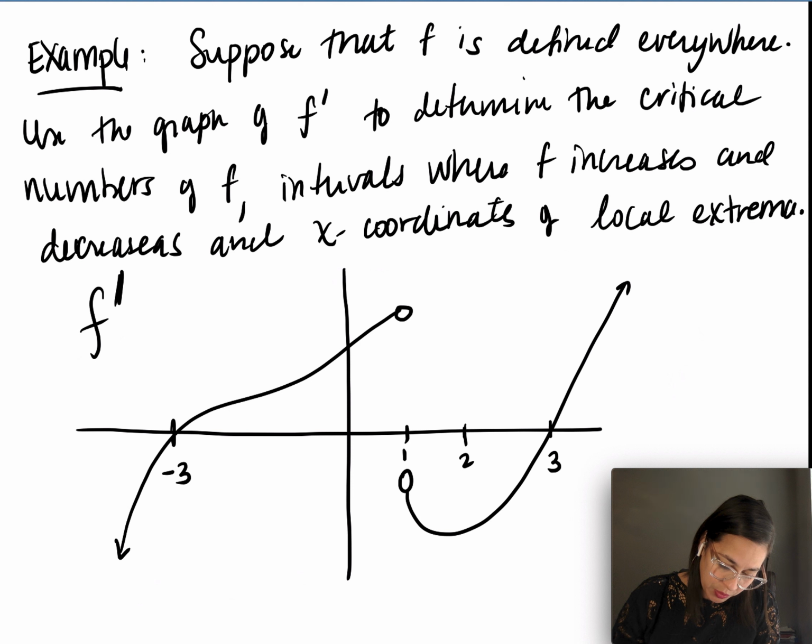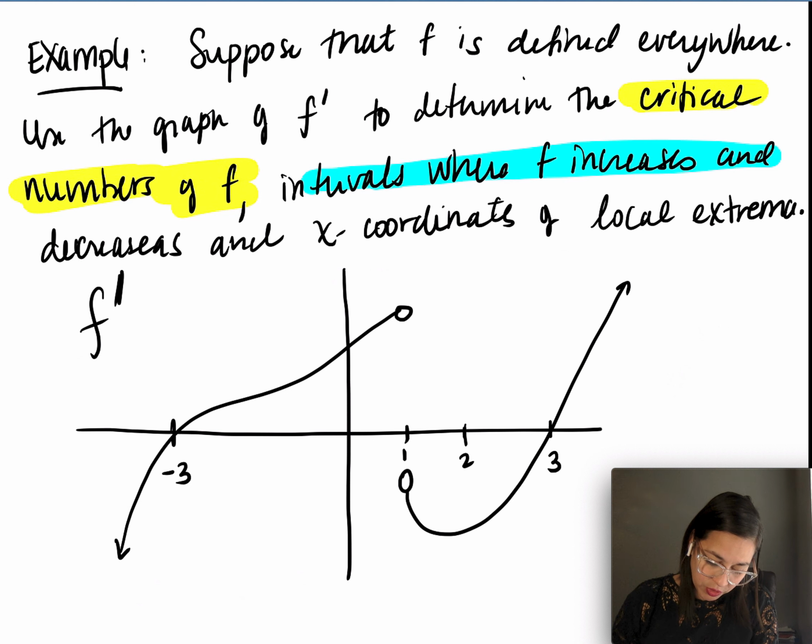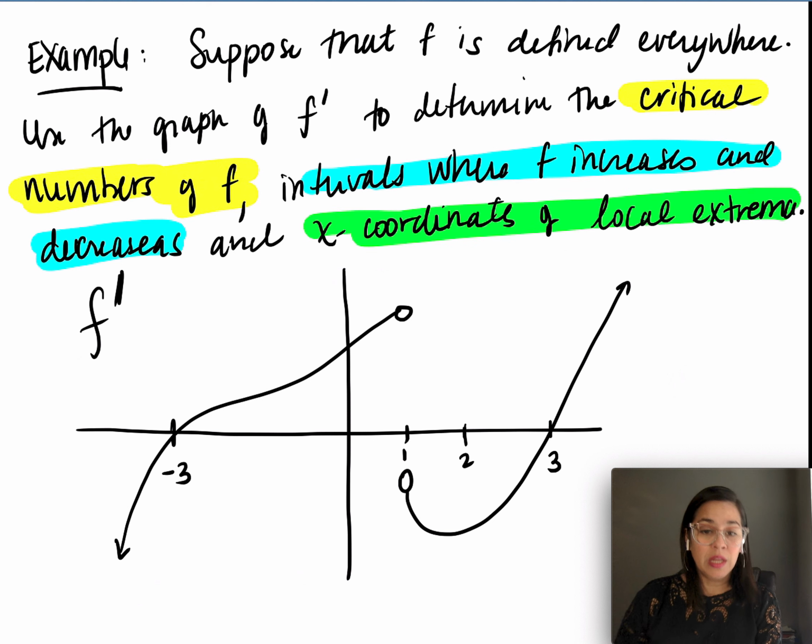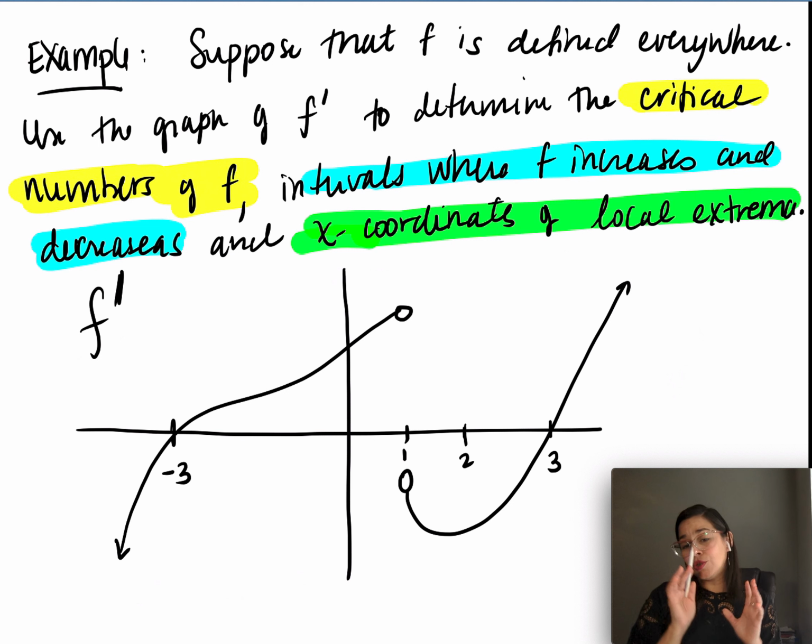So first, we want to determine any critical numbers. We want to find intervals where the function increases and decreases. And then we want to find the x-coordinates of the local extrema, meaning any local max, local min. In order to do this, we have to understand the definitions, okay?